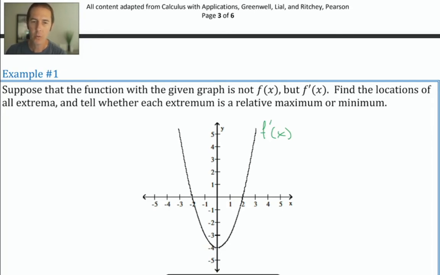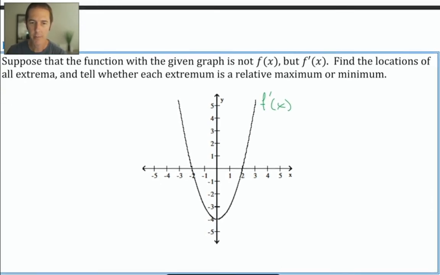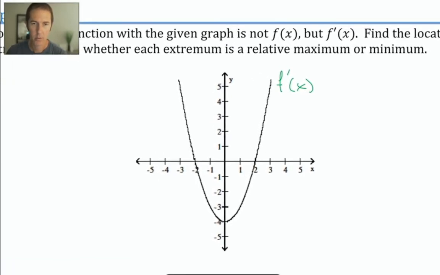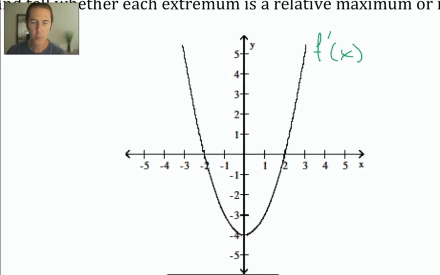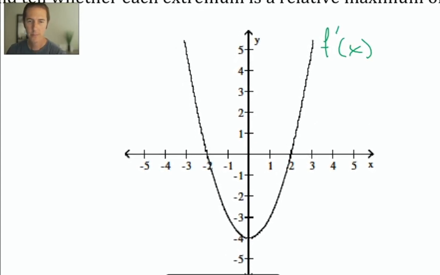When x equals negative 2.5, is our function increasing or decreasing? Again, look at this graph and tell me, when x equals negative 2.5, is our function f of x increasing or decreasing?